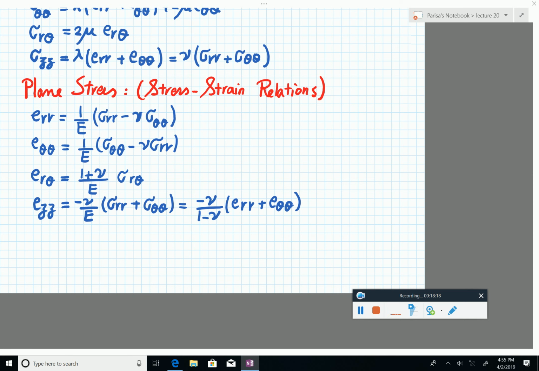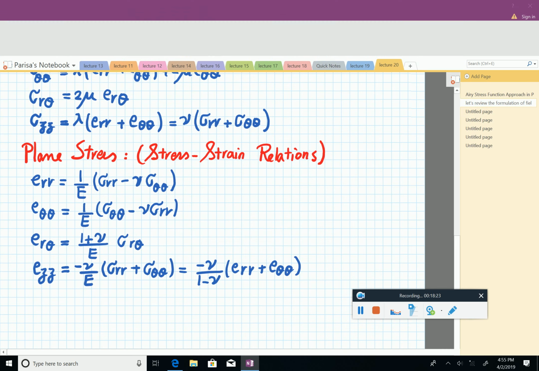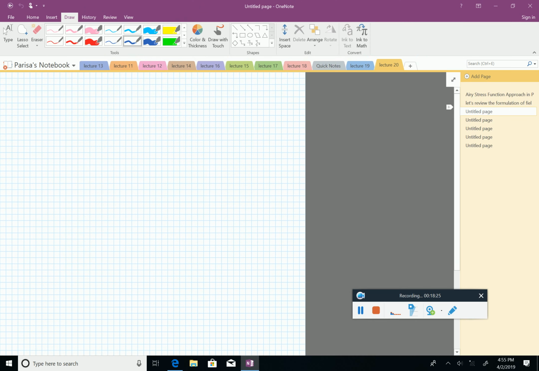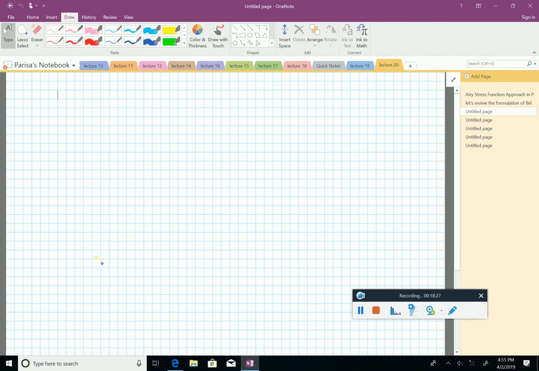And then, of course, there are equilibrium equations. These are the last ones I write down, just so that you see the form a little bit.